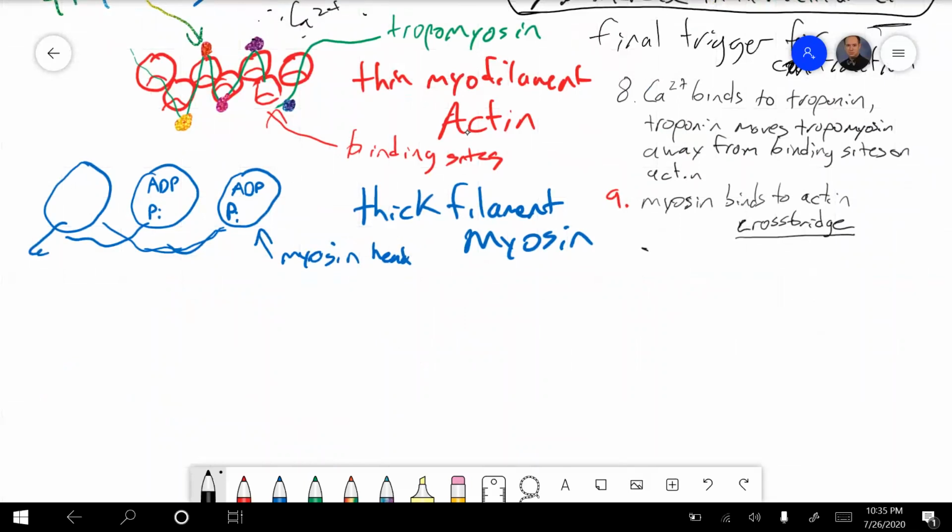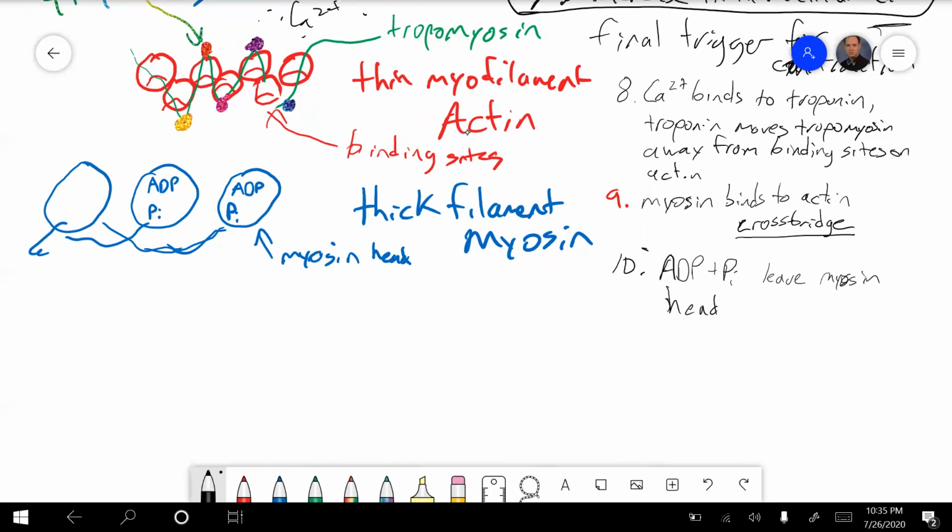Now, when proteins bind to stuff, they change shape. Myosin's a protein. When it binds to actin, that molecule of ADP and that inorganic phosphate leave the myosin head, because it sticks to actin.